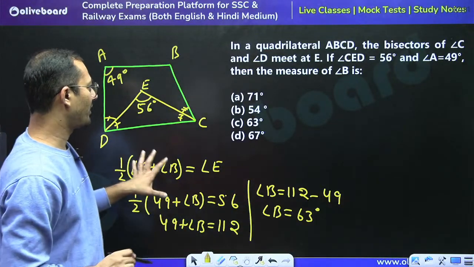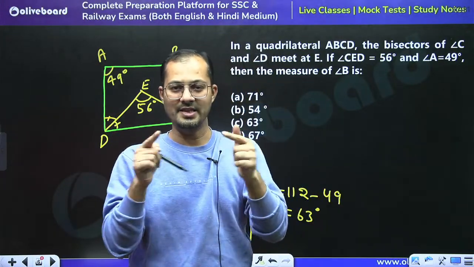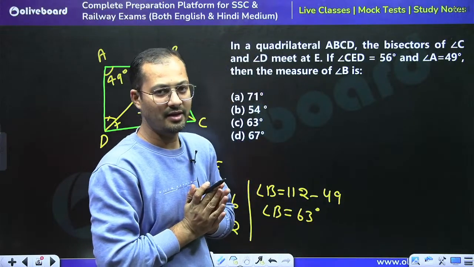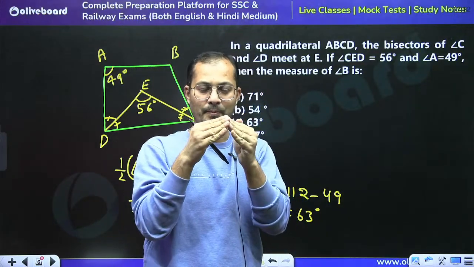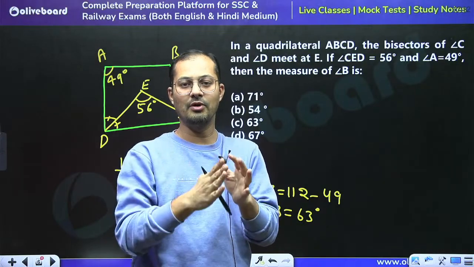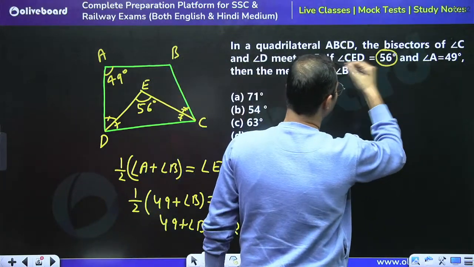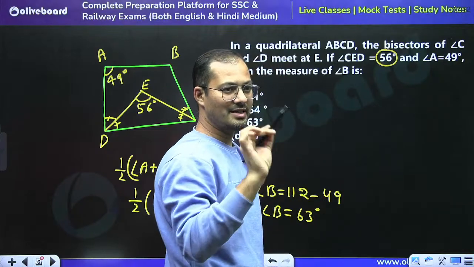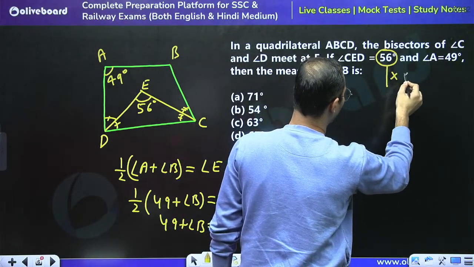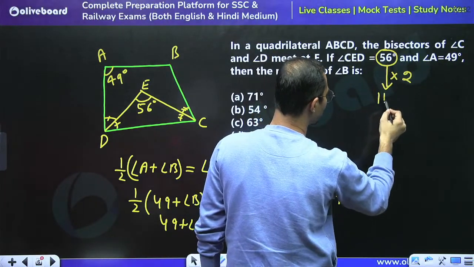So what is the short trick? Whenever you get angle bisectors at two adjacent vertices of a quadrilateral, the angle made by both angle bisectors is always equal to half of the sum of the opposite vertex angles. So here the angle at the intersection of the angle bisectors is 56, just make double of it, that is 112.